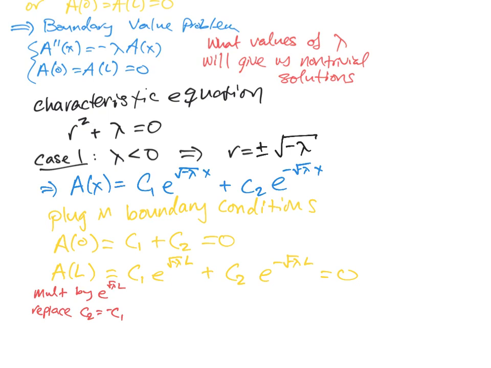And that gives us c1 e to the 2 square root of negative lambda L. This second term, the c2 e to the negative stuff, the e's will cancel out. And so we'll just have c2, and then we'll replace that with negative c1. And we can pull out the c1, and we get e to the 2 square root of negative lambda L minus 1, and all of that equals 0.